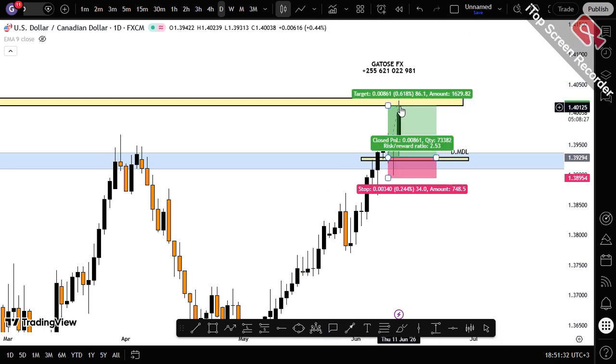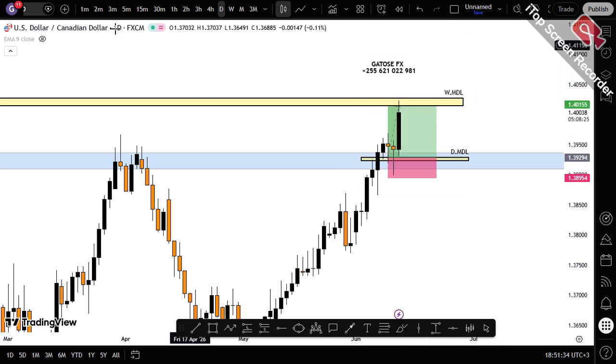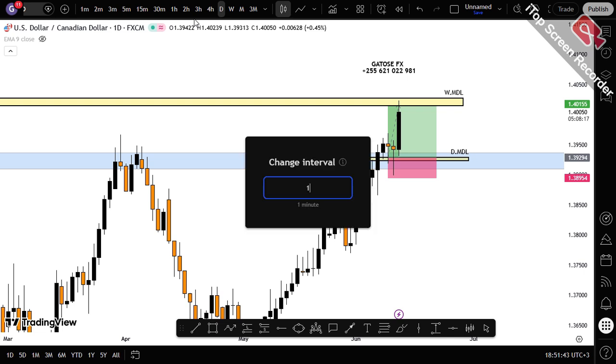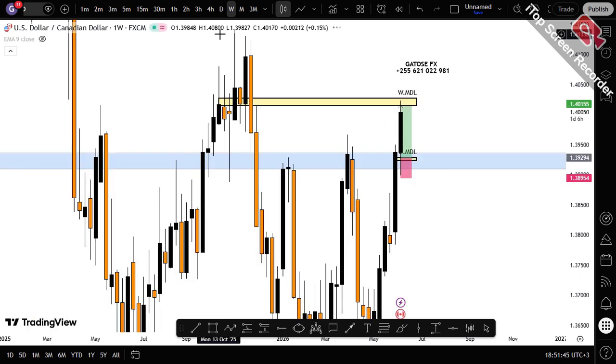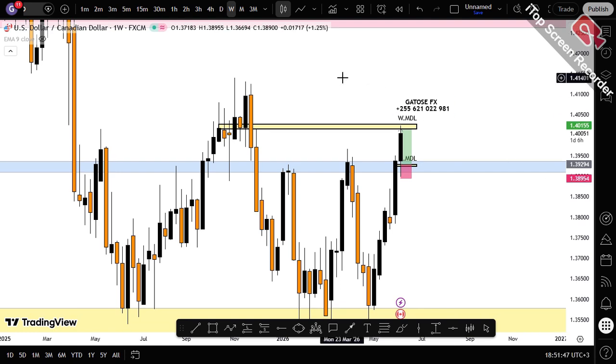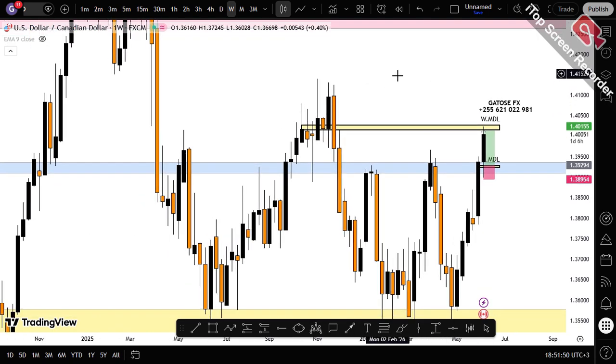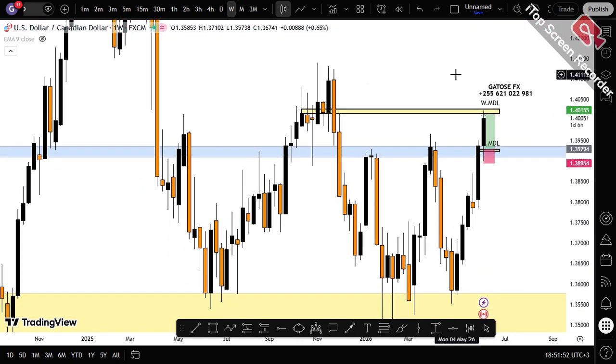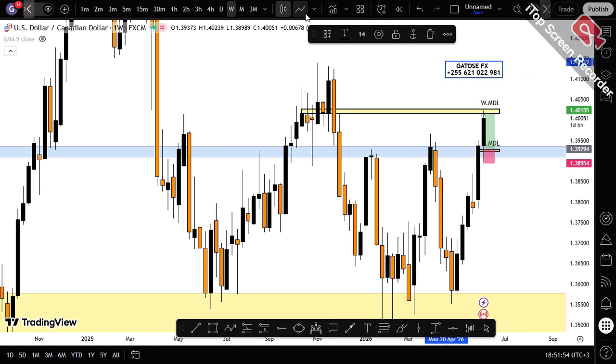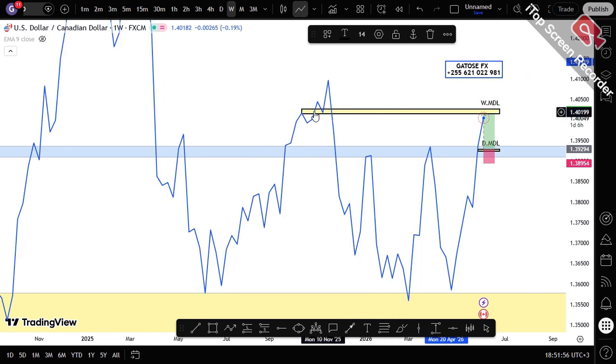Now we ask, why did I get out of this market where I just got out? I entered through MDL and I got out through MDL. I entered in the MDL of the daily time frame, but I got out of this market through the MDL of the weekly time frame. I see the potential of this market to continue higher and higher, but I always take profit when I see some liquidities like this.